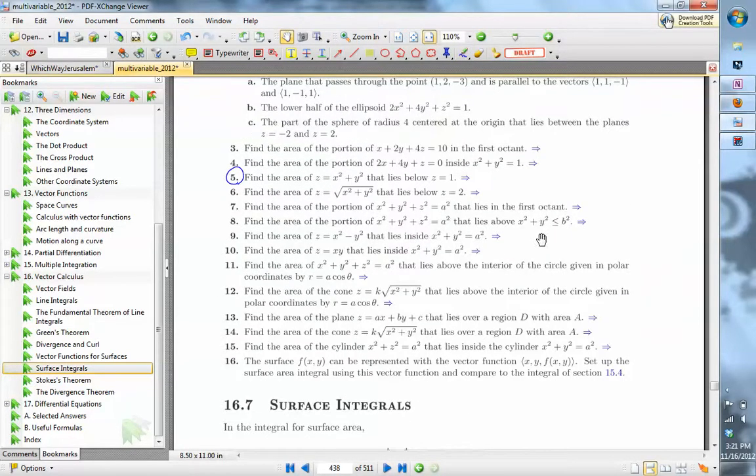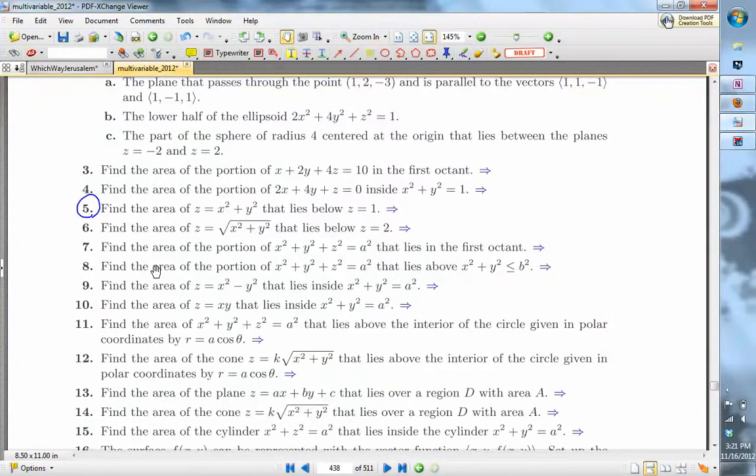Yeah, number 5 is the one I wanted to talk about. So I'd like to find the area of this surface that lies below z equals 1. I'm not going to do it, but this is one that you could have done using the techniques from earlier, right? The square root of f sub x squared plus f sub y squared plus 1, integrate that.